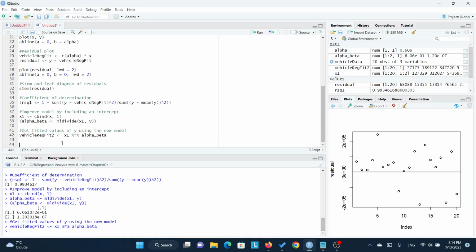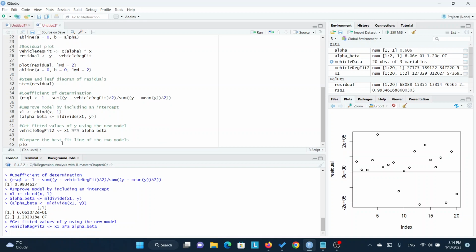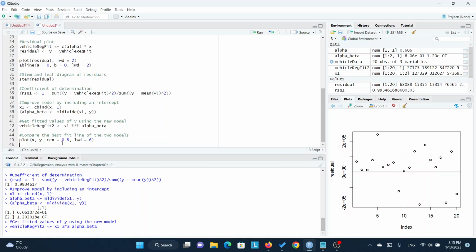Now we're going to compare the best fit line of the two models. We're going to plot the x and y again at first, with cex 0.8 and lwd, line width, of 6.